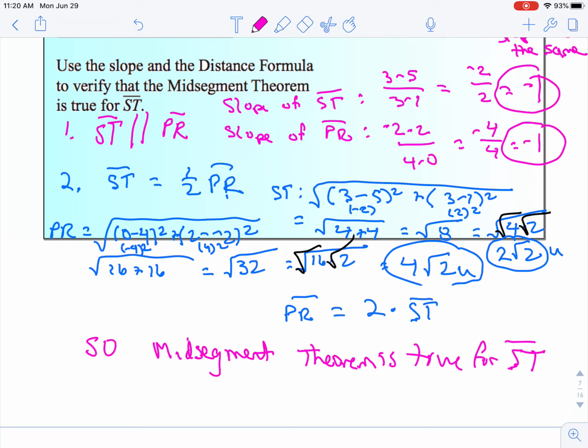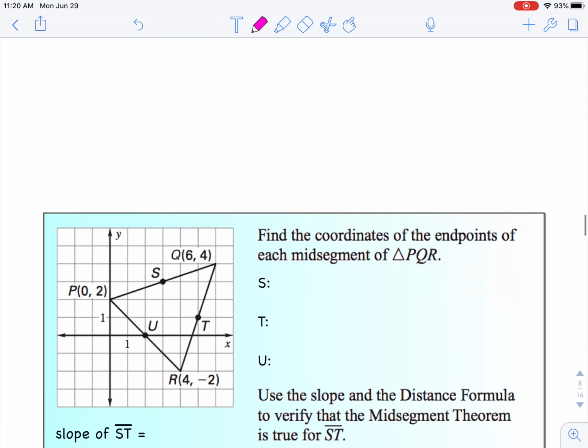We already knew the mid-segment theorem was going to be true, okay? But we're going to actually do this, proving it with variables, in just a little bit.